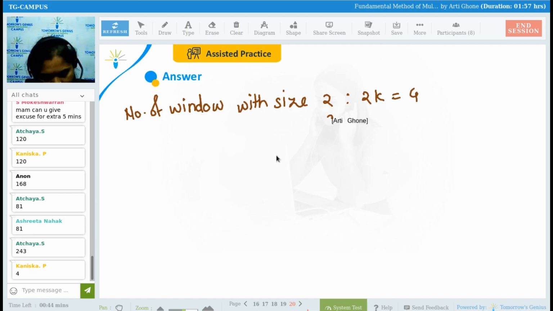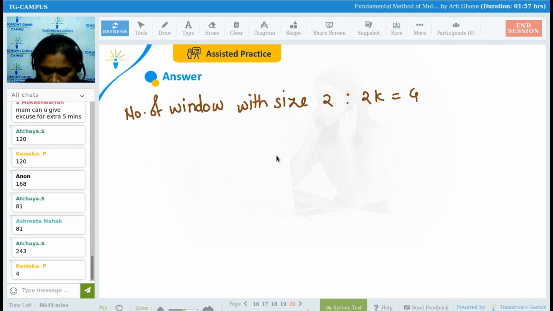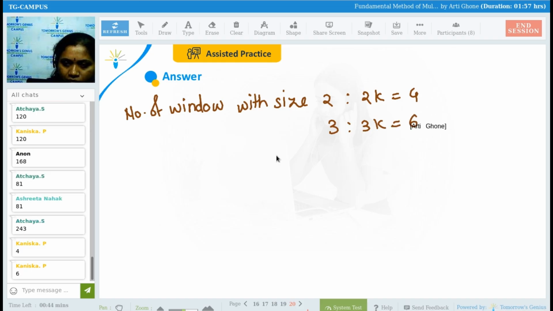Next size is 3, 4, 5. So 3 is 3k, 4 is 4k, this one is 8.